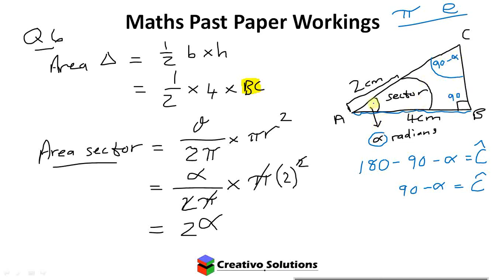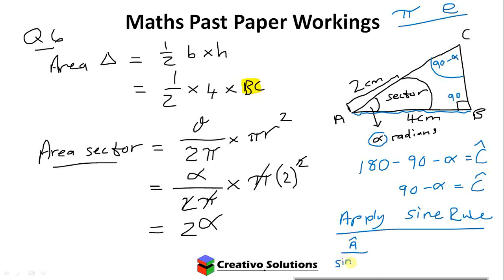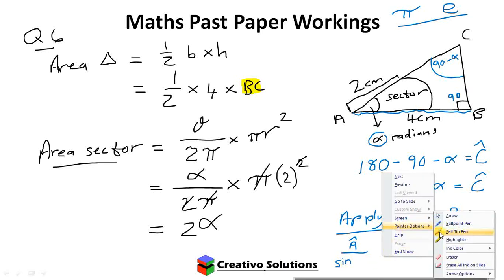Okay, so now I've got sine rule. I've got an angle with an opposite side, and I've got another angle with an opposite side. So now we apply sine rule. Okay, so what does sine rule say? Well, sine rule says angle A over sine, not angle A, it would be the side.